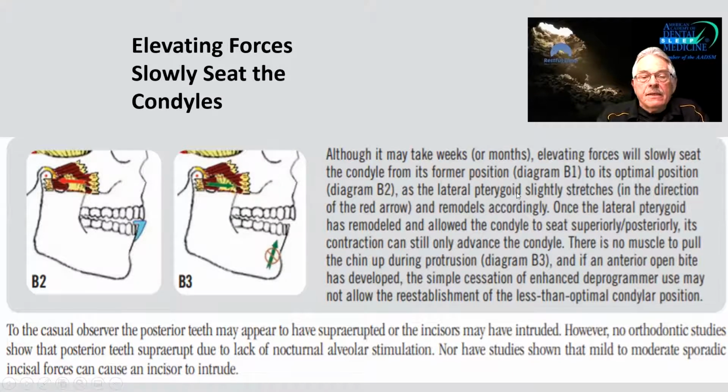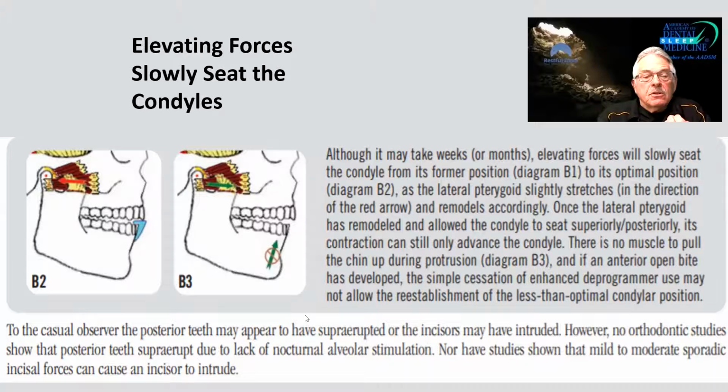As the lateral pterygoid muscle slightly stretches, okay, there's nothing wrong with the lateral pterygoid muscle doing that. As a matter of fact, it's an offender quite often in TMJ patients as it's shortened and in spasm. Once the lateral pterygoid has remodeled and allowed the condyle to then seat superiorly and posteriorly, its contraction can still only advance the condyle. That's its only motion.